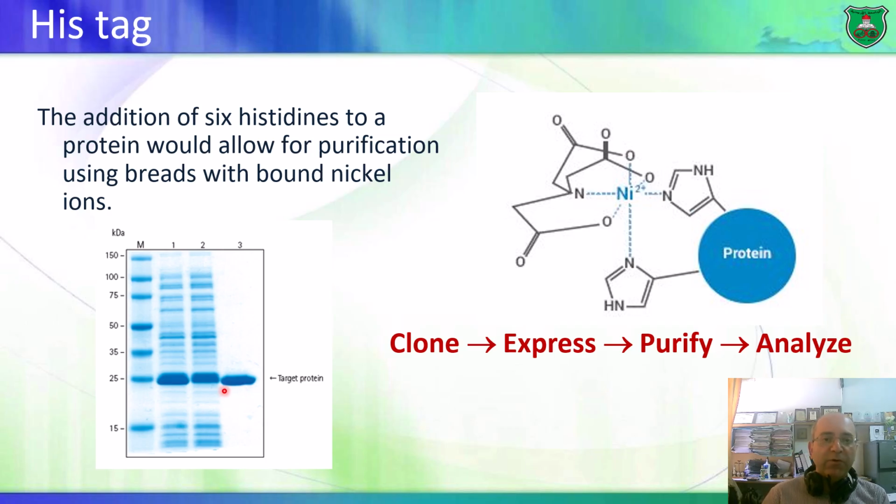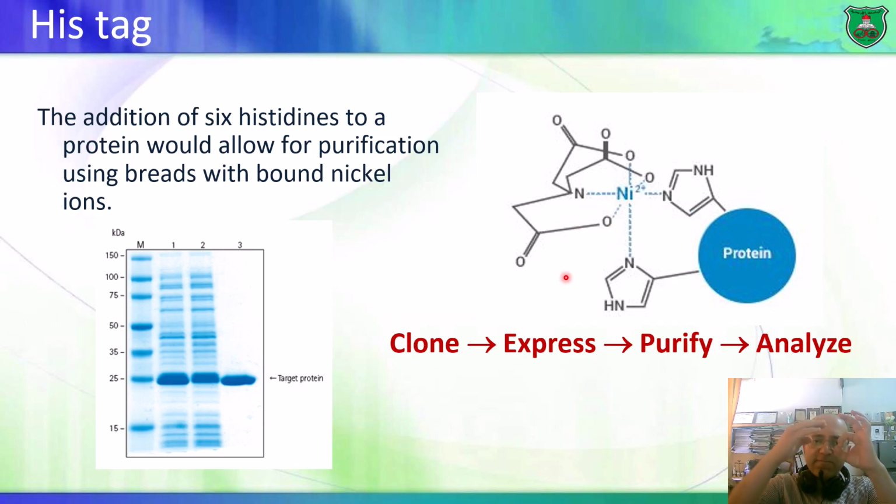So how is it purified? Well, simply, we have a column, affinity chromatography column. We have beads inside it, and these beads contain nickel on the surface. And this nickel binds to the 6-histidines. And there's only one protein that contains 6 histidines, one after the other. So this protein would bind to the nickel on the beads.